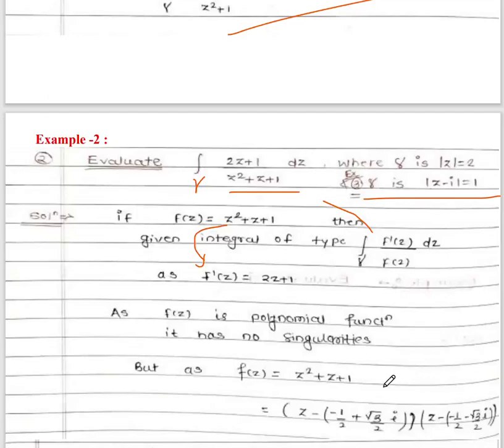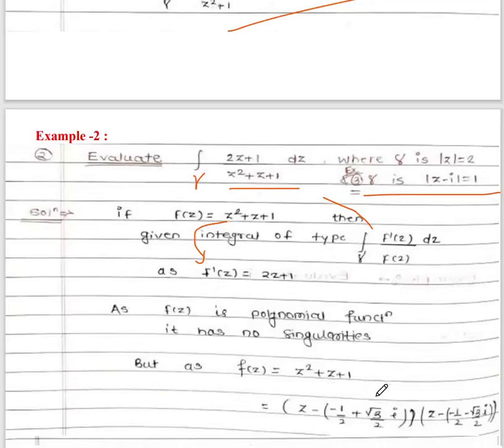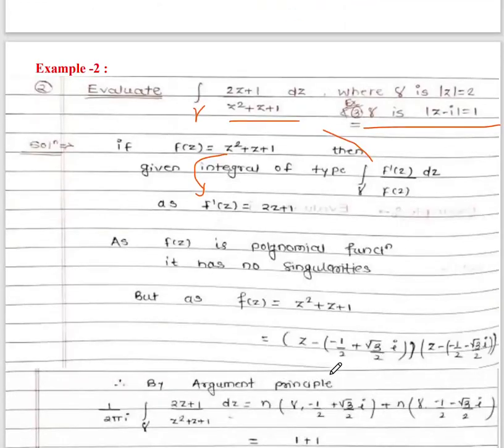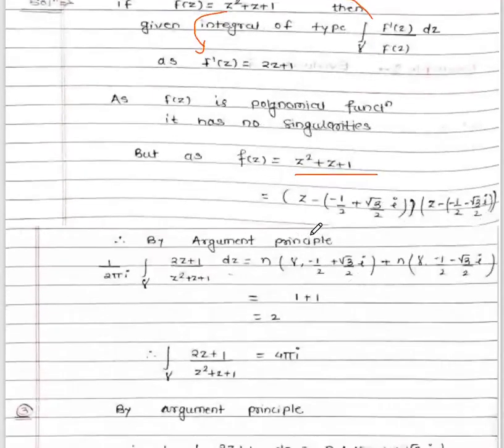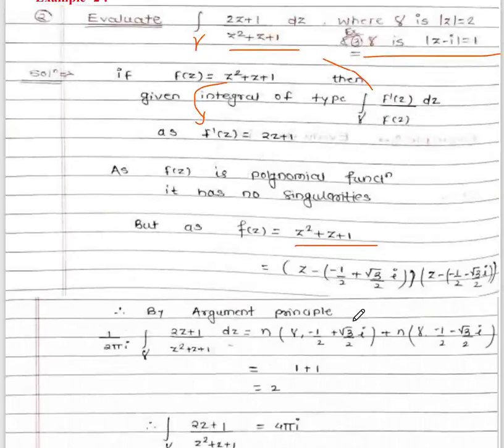But f of z is z square plus z plus 1, so this can be written as z minus (minus 1 by 2 plus root 3 upon 2 into i), and z minus (minus 1 by 2 minus root 3 upon 2 into i).